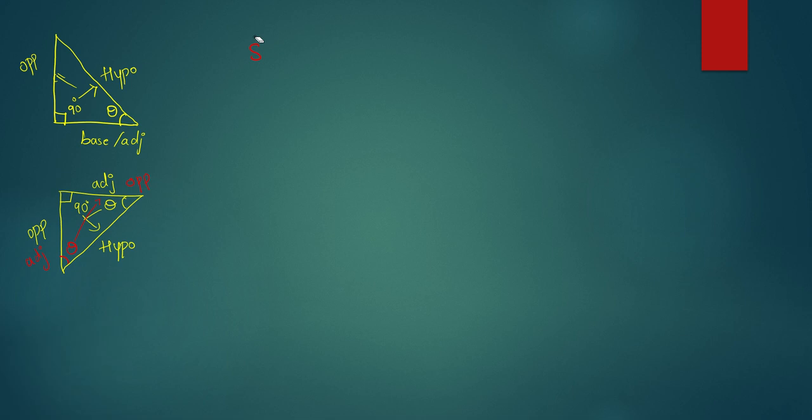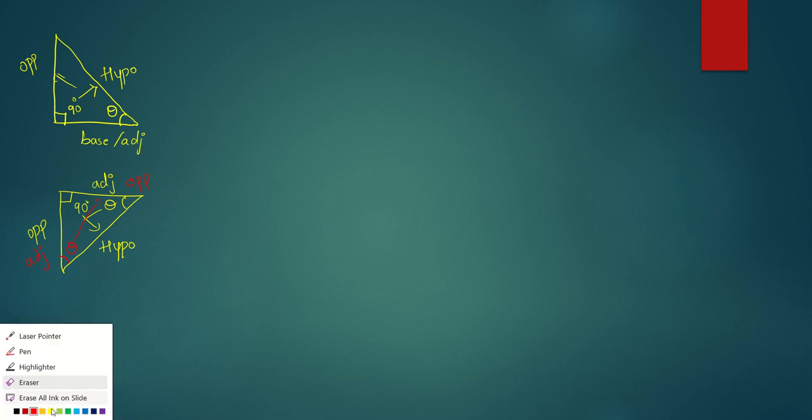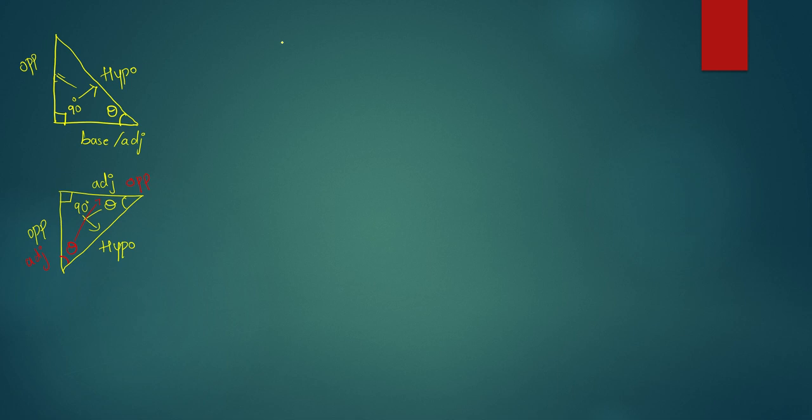SOHCAHTOA. So how does this give the relation? Let us remember that. What is S? S is the first trigonometric ratio, that is the sine of any angle. Say our angle is theta, then sine theta will be represented as O by H. What is O?